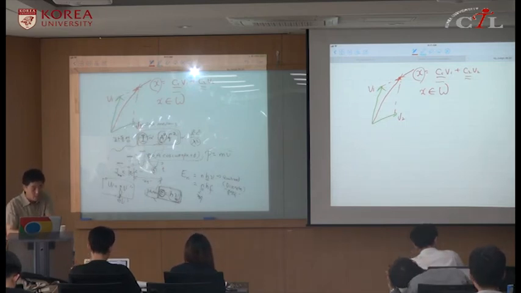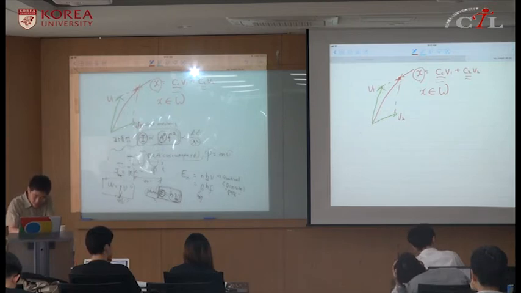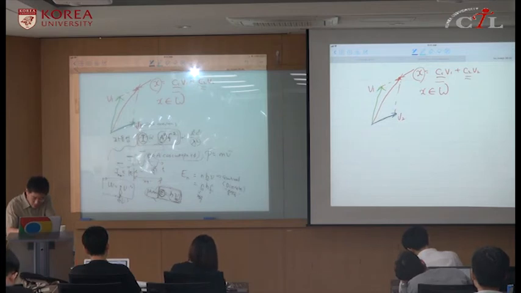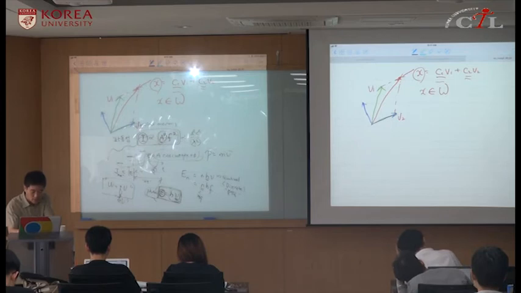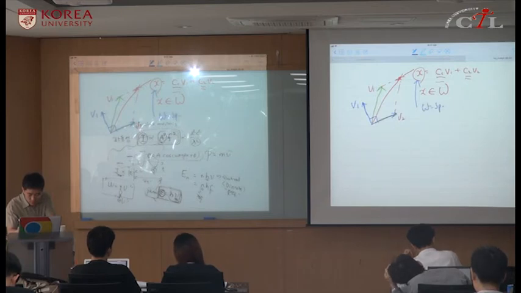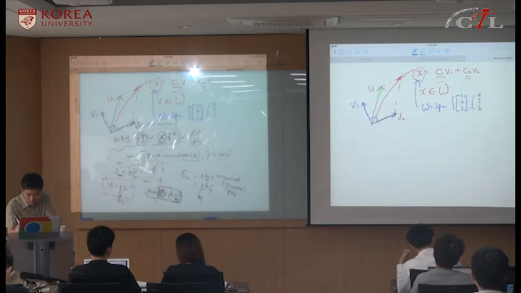But what about the situation where we are given an orthogonal basis, which means that v2 and v1 have a 90 degree angle? Let me give an example. W is the span of 1, 2, 3, and 4, 5, 6.